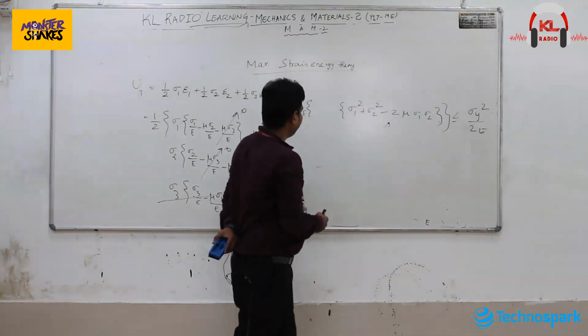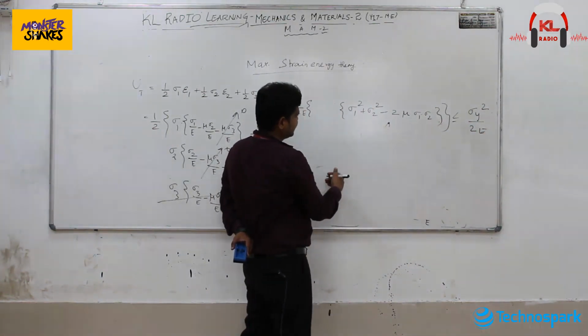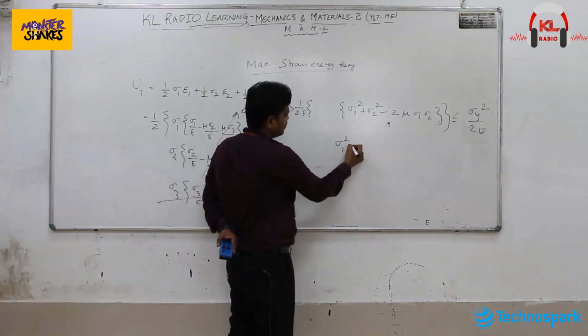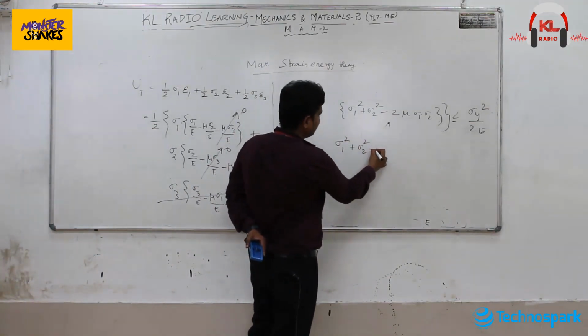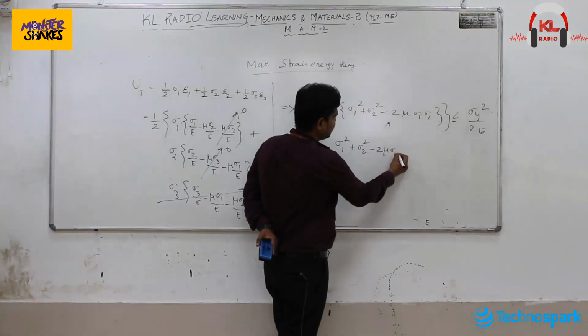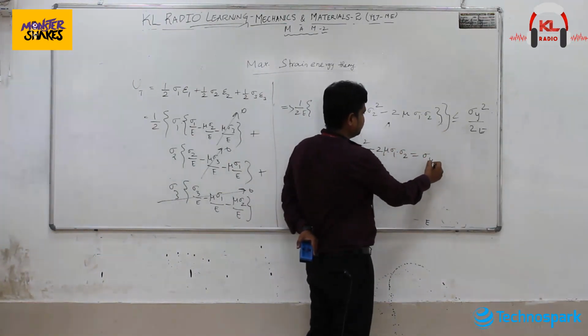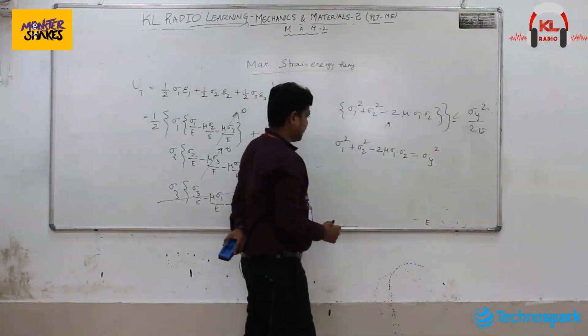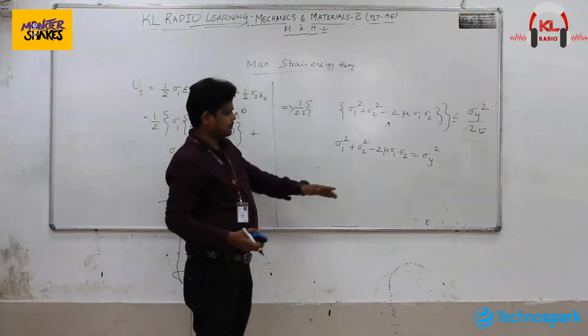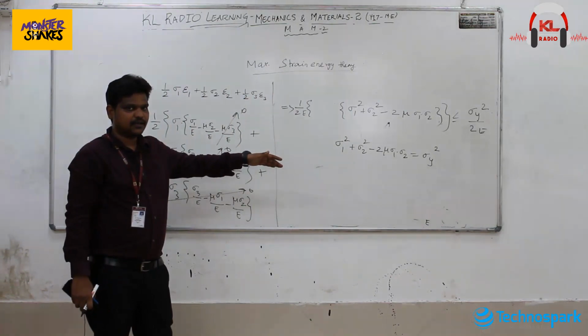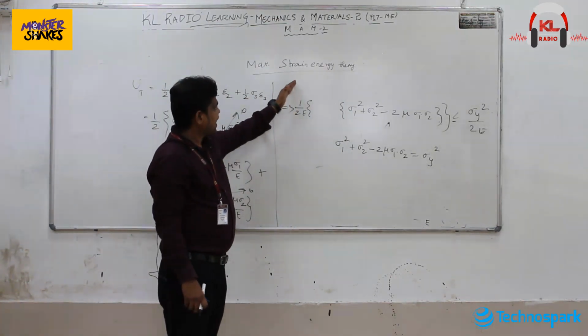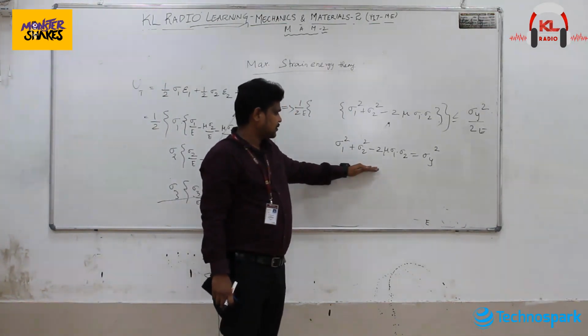So if I simplify this equation, 2E will be cancelled on either side. It will be sigma 1 square plus sigma 2 square minus 2 mu sigma 1 into sigma 2. For the maximum limit, it should be equal to sigma y square. So this is the mathematical equation which we derived for the maximum strain energy theory.